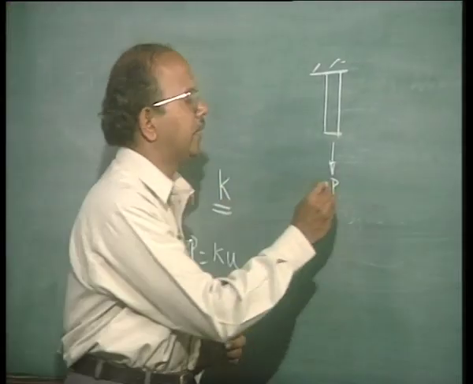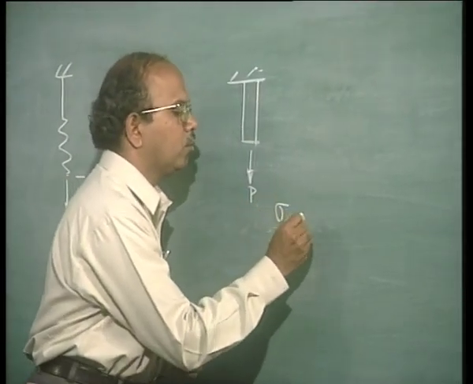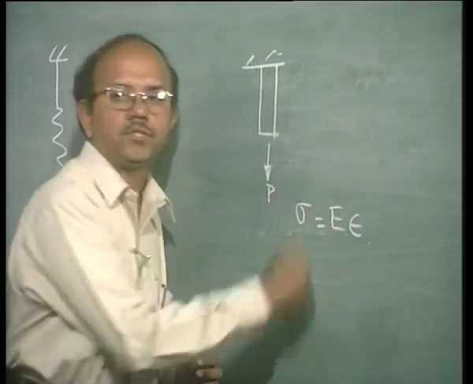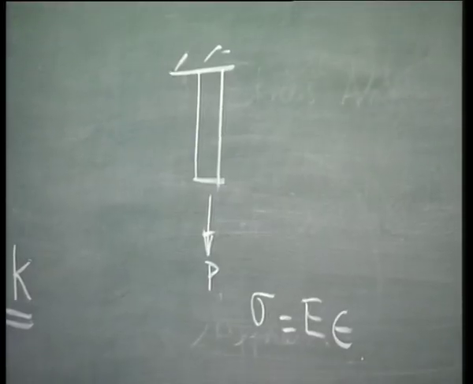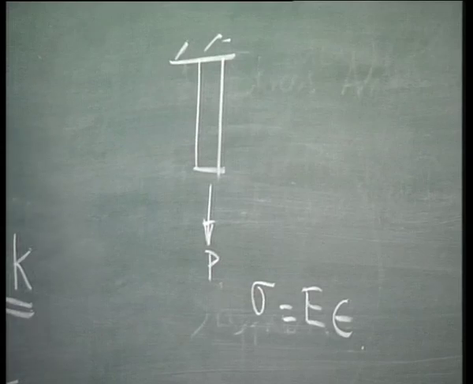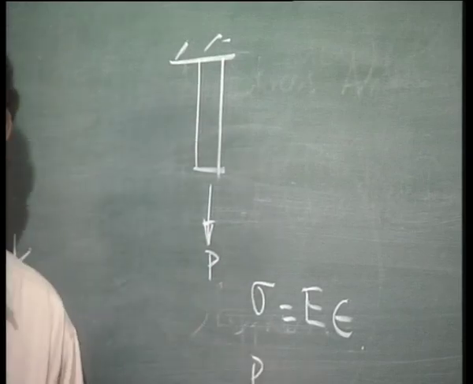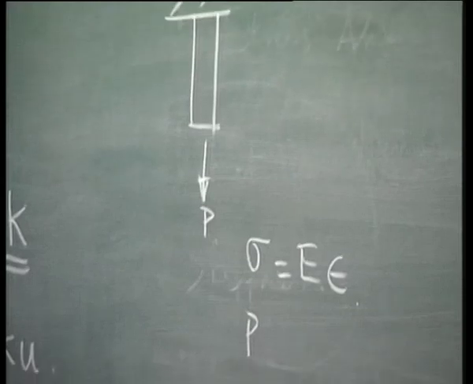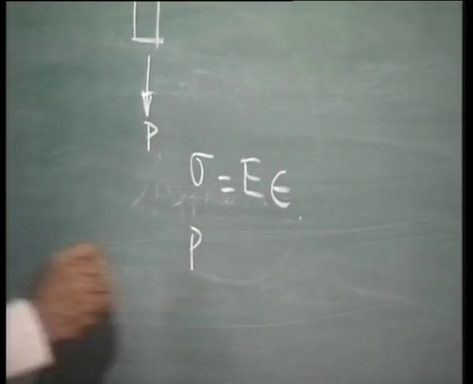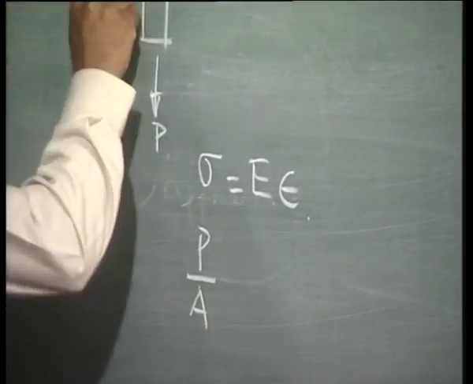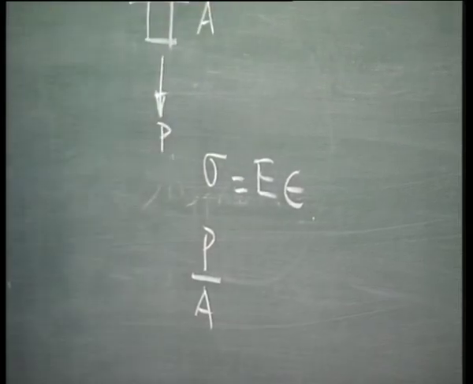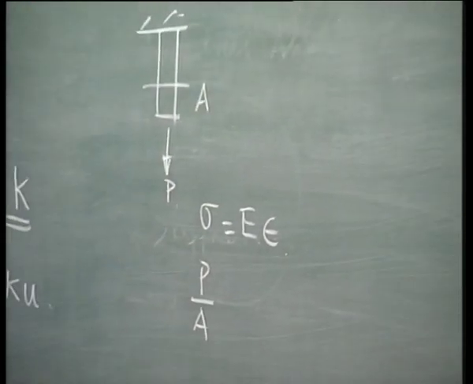Maybe all of you are familiar with it. We know what is the relationship between stress and strain, right? In a very elementary level, you would have defined stress as P by A, where A is the area of this particular bar.